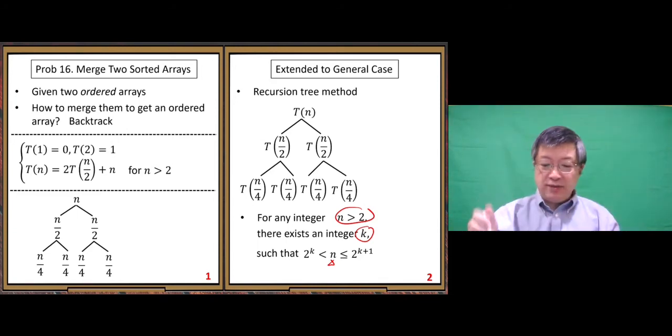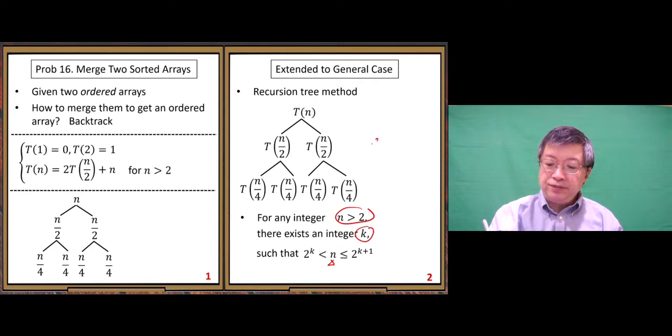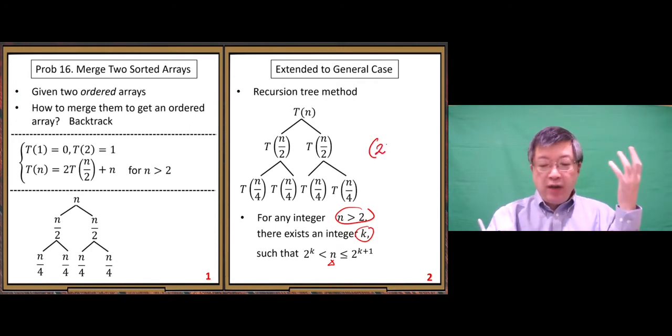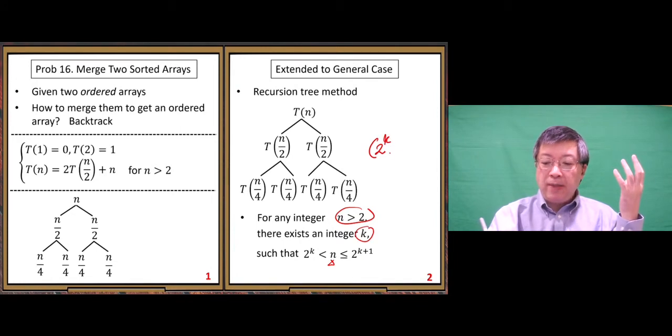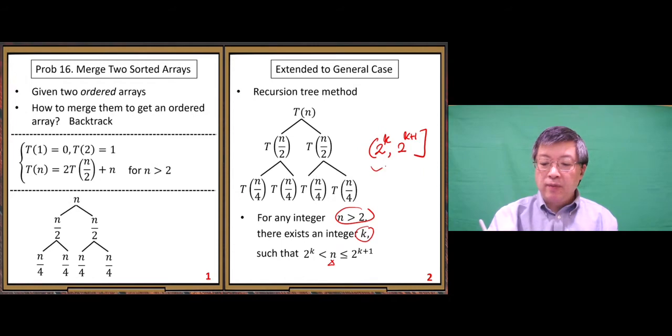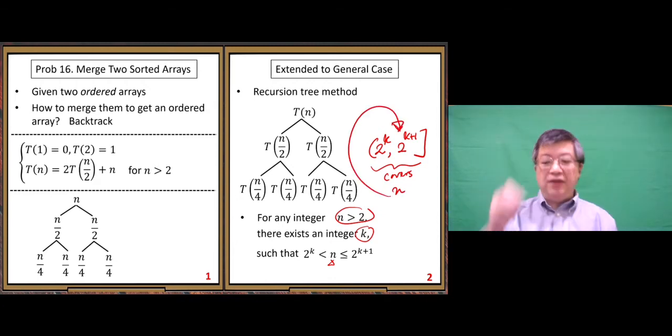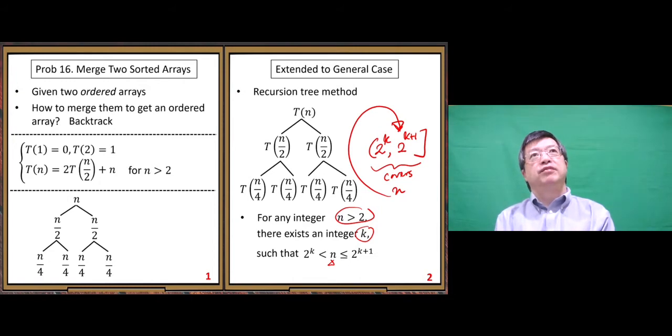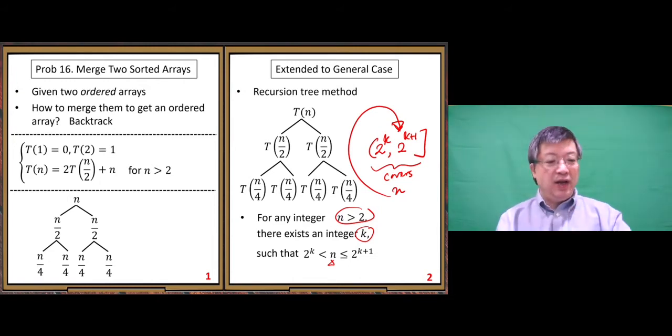Here we find an interval, the left endpoint 2 to the k, the right endpoint 2 to the k plus 1. This interval covers n, so n must be inside this interval.